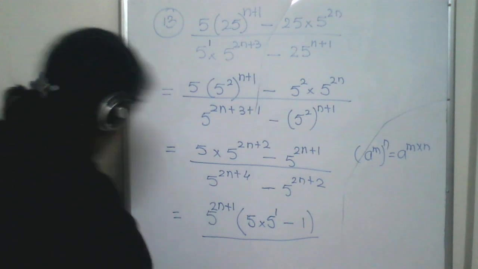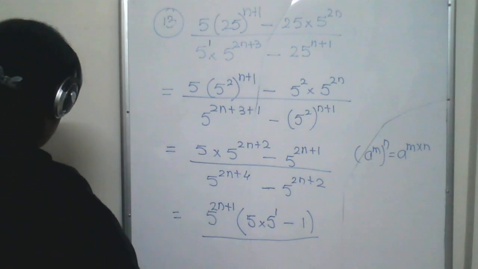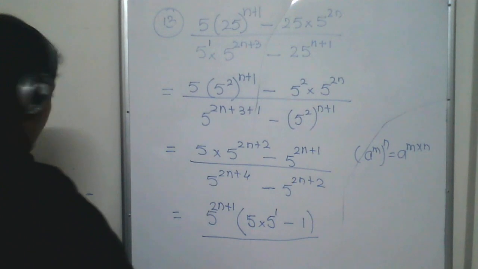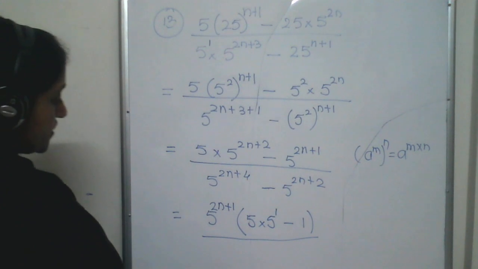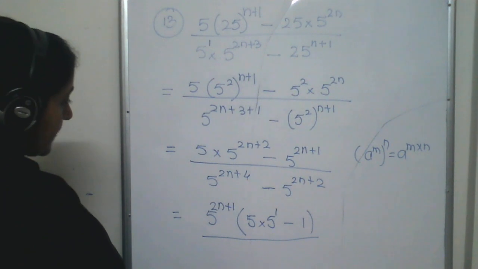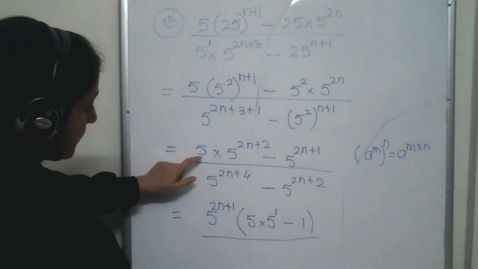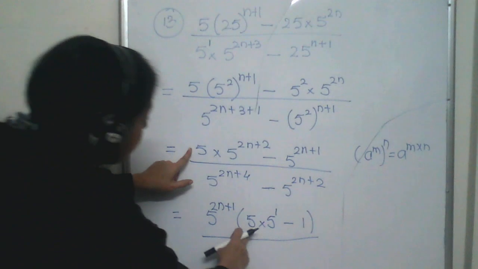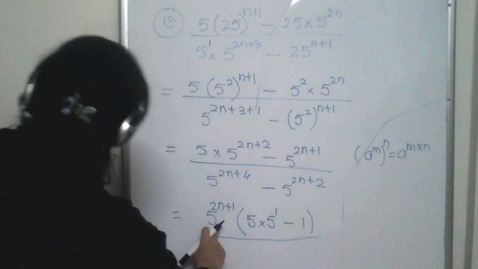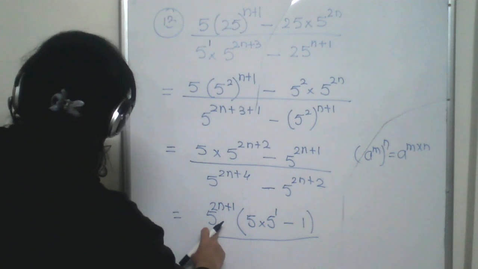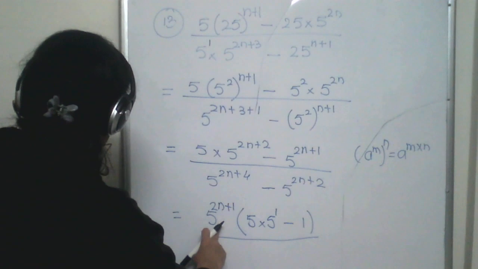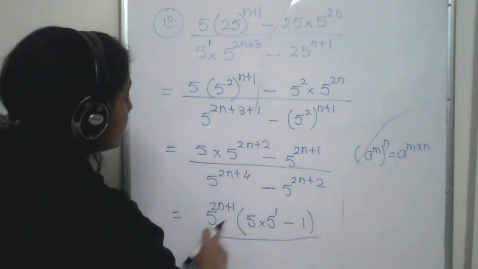Okay, so after that what will happen? The denominator also has to be worked out. This 5 I have written here, 5 to the power 2n plus 1 we have written.